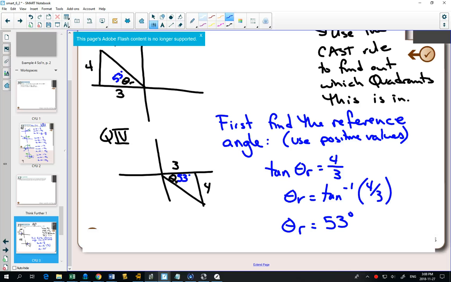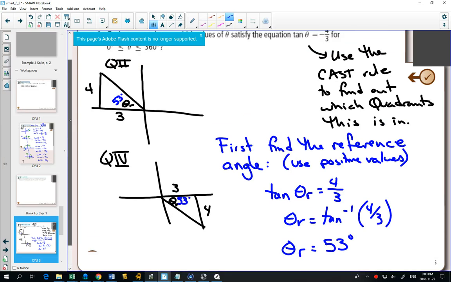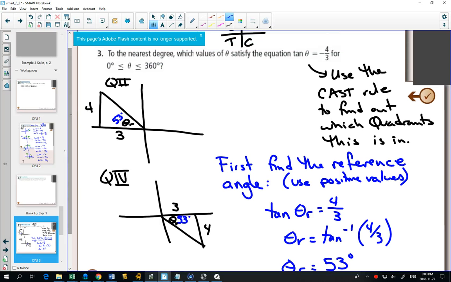If we read the question, though, the question didn't say, find the reference angle. It said, find which values of theta. And when it's asking for values of theta, theta's in standard position. Standard position starts on the positive x-axis, and so here it would be this angle.